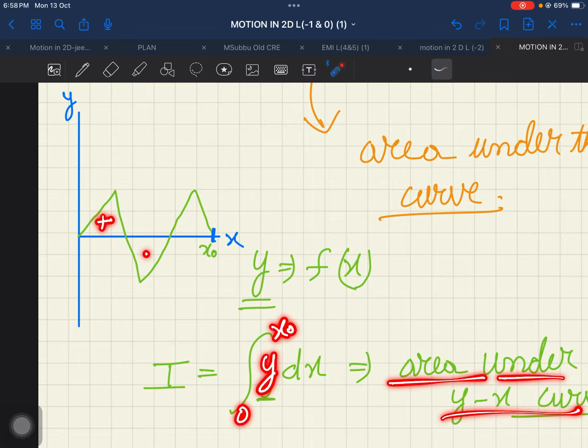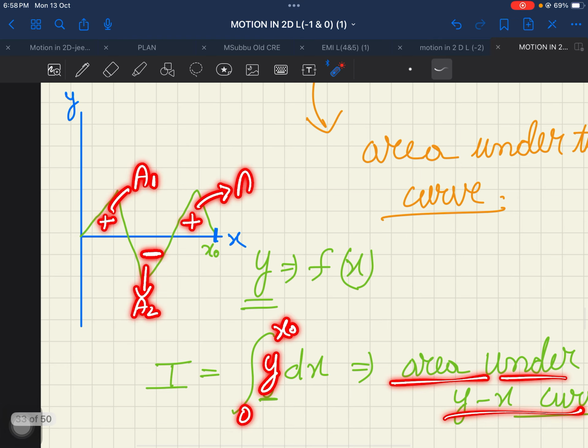So this area is positive. The area in the downward direction, meaning below the x-axis, is negative. Suppose this one is a1, this one is a2, and this one is a3. Then the total area under the xy curve is a1 minus a2 plus a3. Note it down.